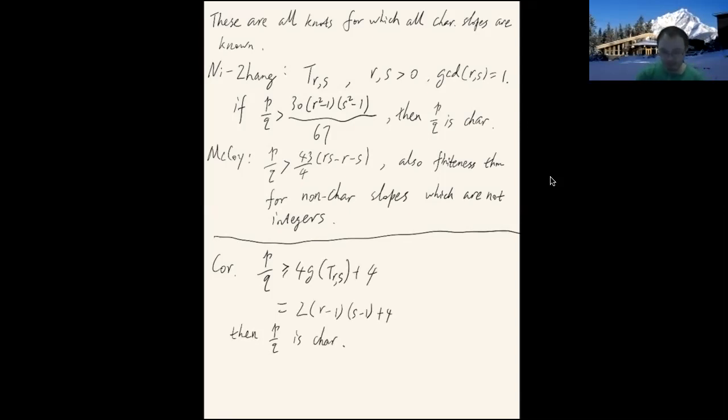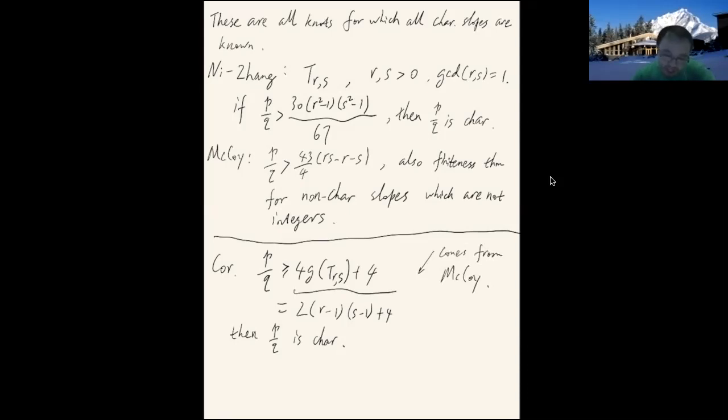This 4g plus 4 comes from a result of Duncan.